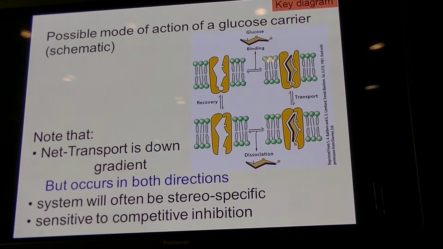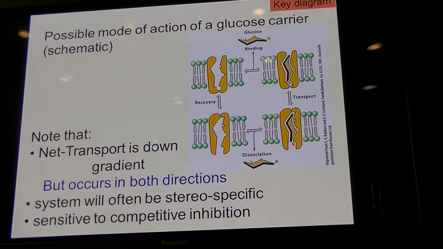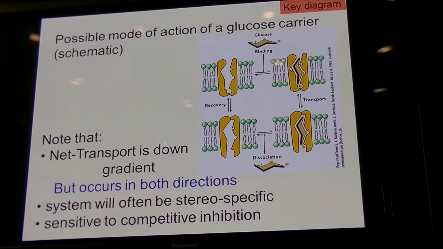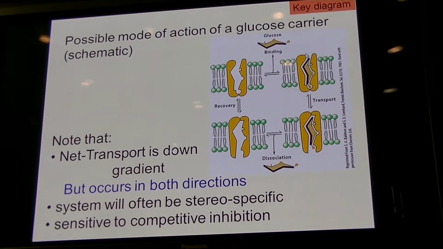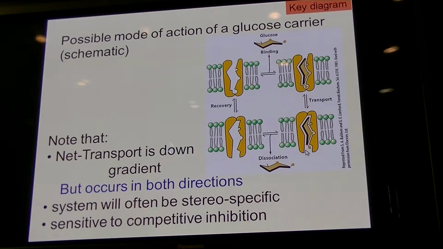But if we have here a protein in the membrane and that protein has a space to bind the glucose, and if we think of a very subtle conformational shift in that transporter or carrier protein, then we can envision that the substrate molecule can first enter from one side and then be released on the other side. We call it a flip-flop mechanism.